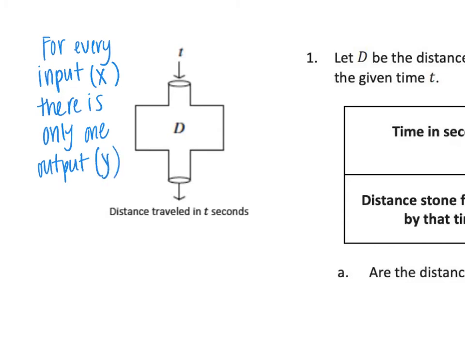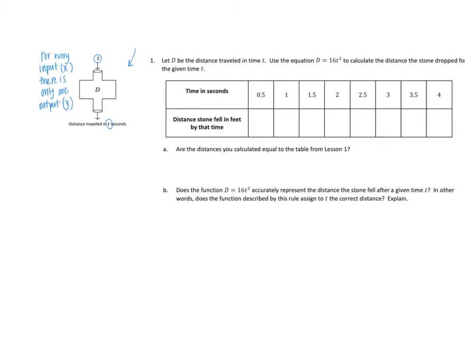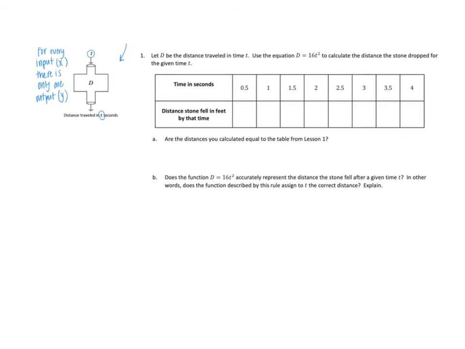So they tell you to think of this as a function machine, which is what they've created over here. For every one x value you put in, you only get one y value out. You can't get something else, okay? So for that second table we just looked at, it's not a function because our x's had different y's, and you can only have one y for every x, okay? We're going to use that new knowledge to determine if some tables we see today are functions or not, and then we're going to use rules that they give us to complete our tables.